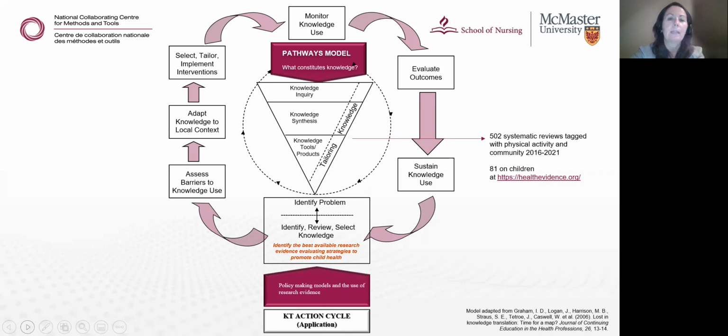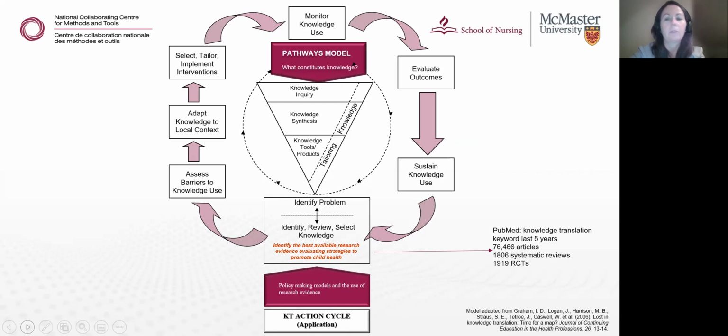Do we have that same issue where many, many studies are being conducted on various aspects of the knowledge to action cycle that doesn't take into account the previous research and the knowledge that's already known about those factors?